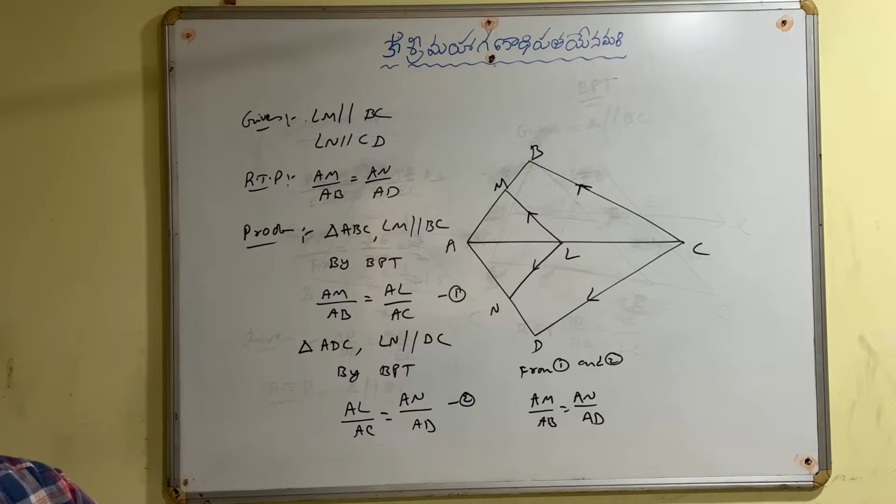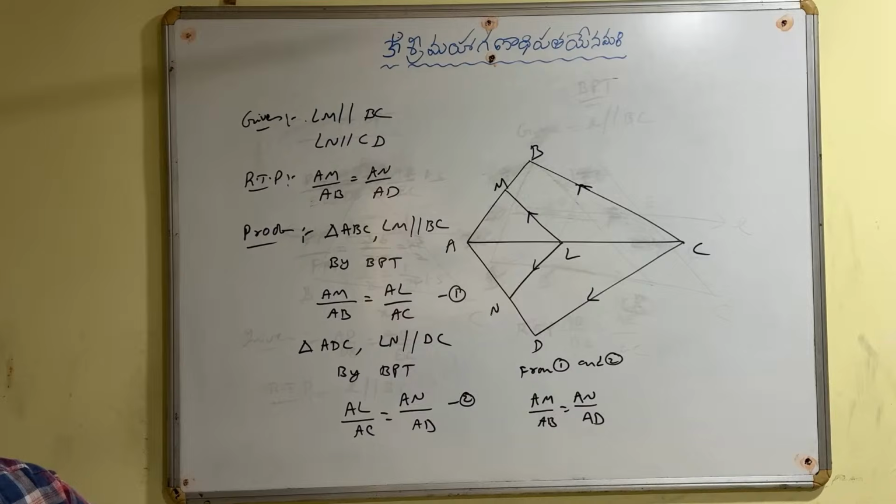To apply the basic proportionality theorem, we must have a triangle, and in that, a line parallel to one of the sides intersecting the other two sides. So that's why we are taking two triangles separately and applying the basic proportionality theorem.